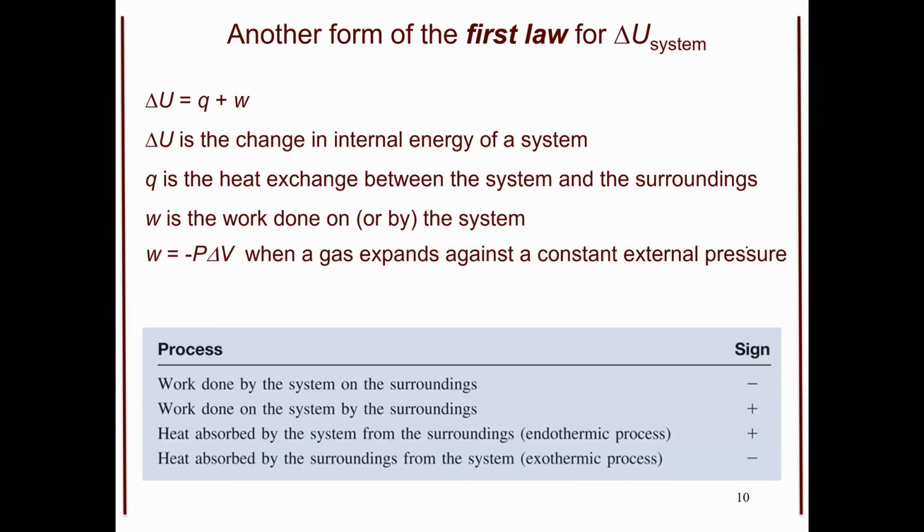So now let's take a look at our bottom chart here to help you understand the sign convention for our heat and our work. If we have work done by the system on the surroundings, this is going to get a negative sign. As we look at our W equals negative P delta V, work done by the system on the surroundings, historically, we are going to call an expansion.